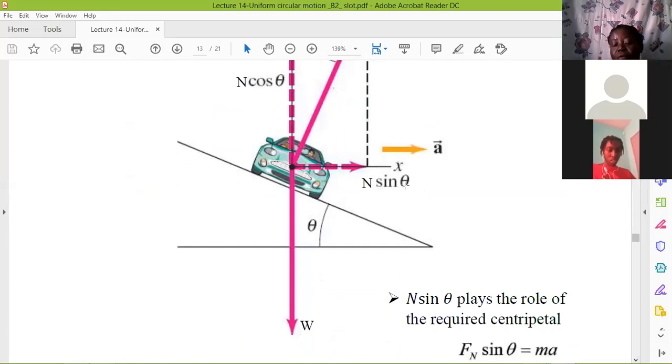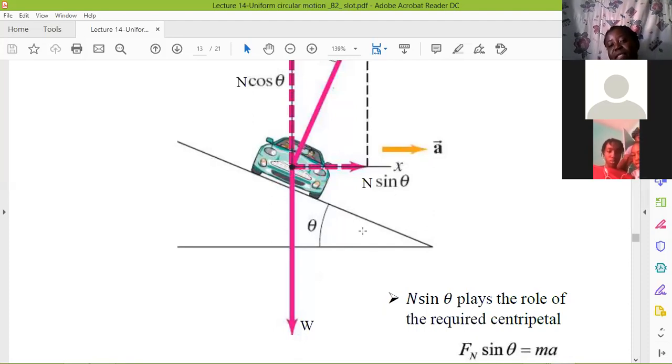Remember from the previous one, where there is no bend, just moving on a straight-line surface, the normal force is equal to mass times the acceleration in the x direction. So what plays a role here? The one that plays the role of the centripetal force, which is acting towards the center.